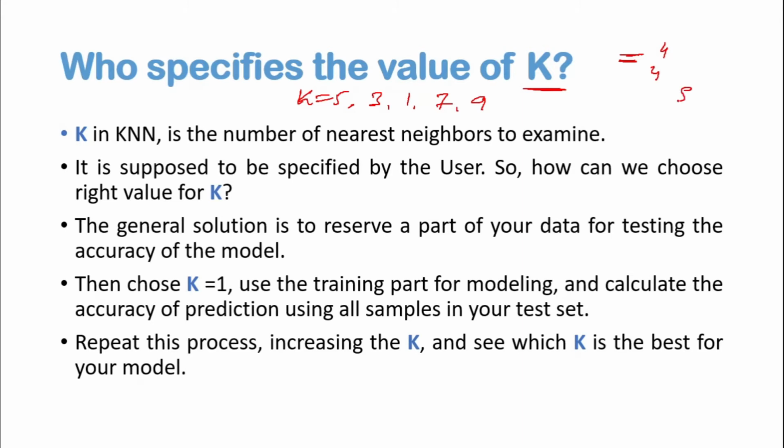If I take 8, there may be 4 data points belonging to one category and another 4 belonging to the next category. So if I take an odd number, then it's very easy to classify which category the data point belongs to.